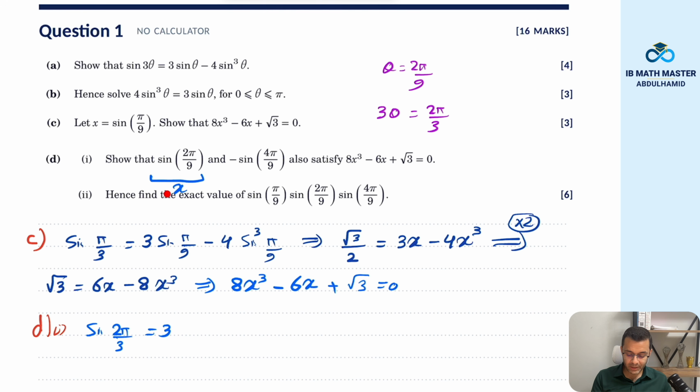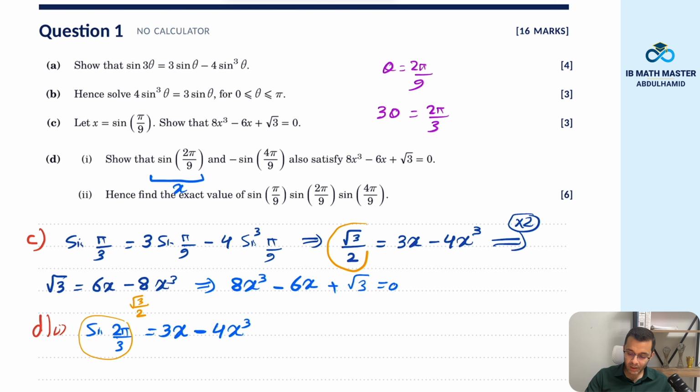Here I can replace it by x immediately. So I will have 3x minus 4x cubed, in the same way as we did part C. Now keep in mind also, sine 2 pi over 3 is also square root of 3 divided by 2.